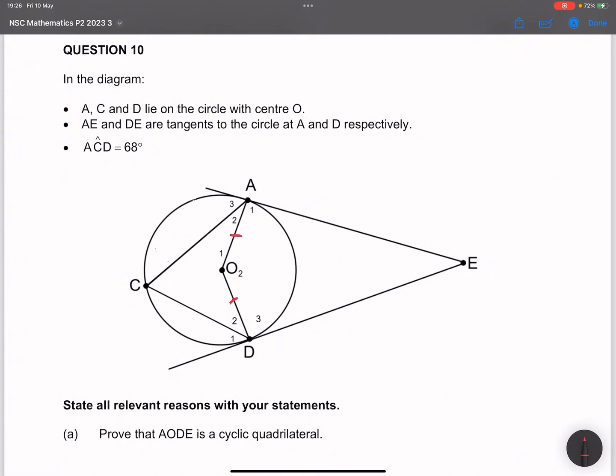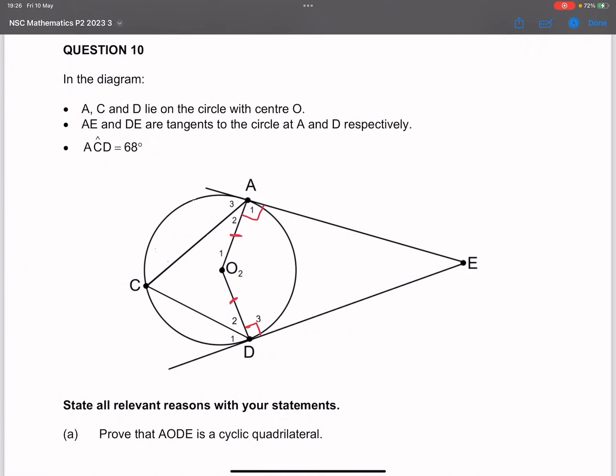So I know that's my center with the radii AO equal to OD. And then they say AE and DE are tangents to the circle at A and D respectively. So I've got tangent and radius there, which already simply means that those are 90 degrees.